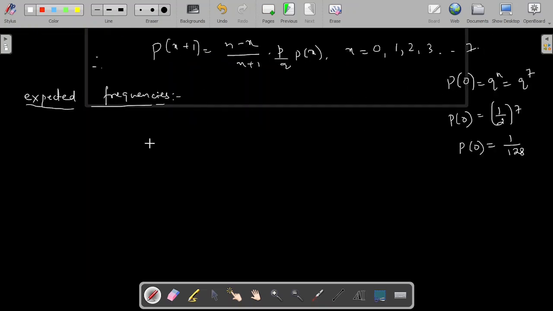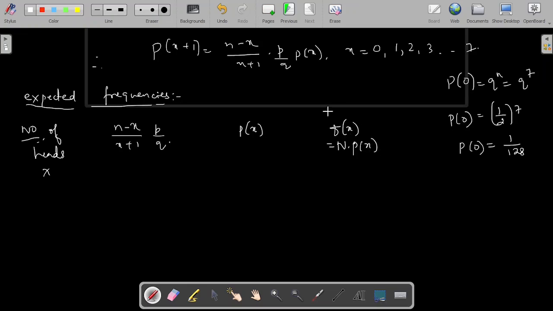So for expected frequencies, we have the tabular form: number of heads, that is capital X. Then one more column, (n minus x) by (x plus 1) into p by q. Then one more is P of x. Then your expected frequency, the theoretical frequency, which is nothing but n into P of x. F of x is n into P of x.